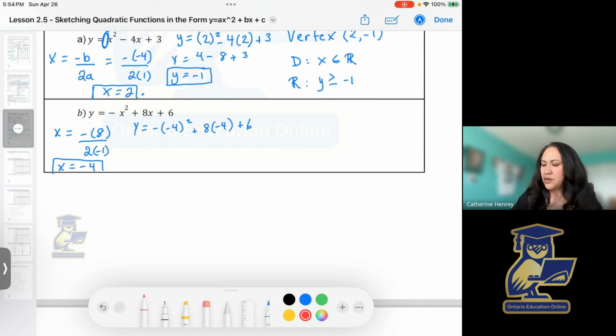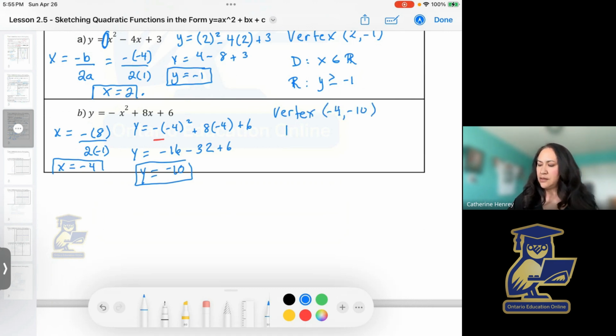Be careful here with these negatives. This is going to be y equals negative 4 squared, which is 16, minus 32 plus 6. And if I simplify, y is negative 10. So my vertex here is negative 4, negative 10.